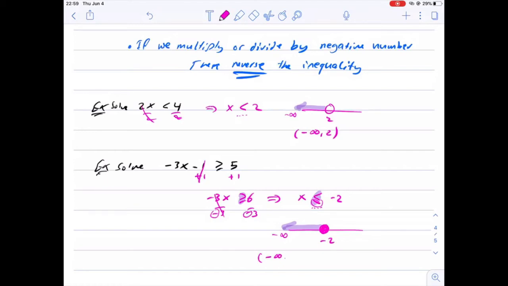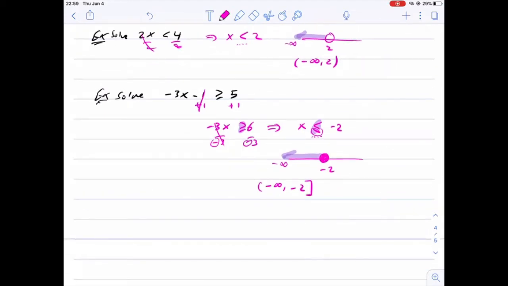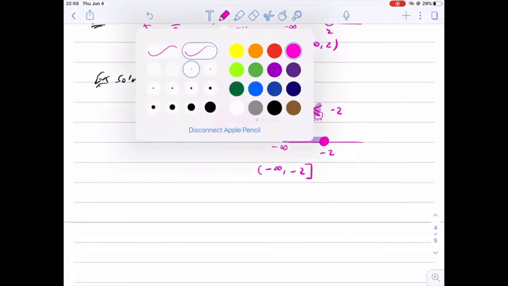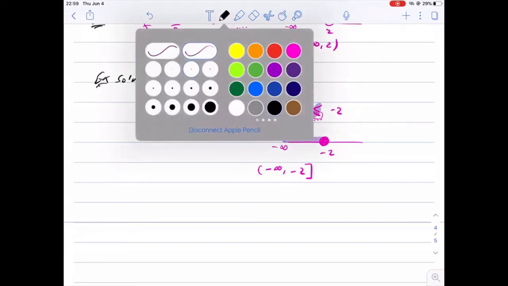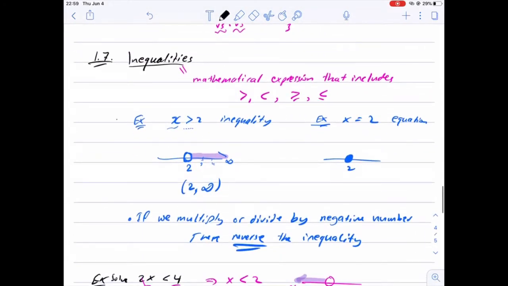These are just symbols. To negative 2, this is closed. All the examples that we discussed here are linear inequalities. So we started with linear inequalities.